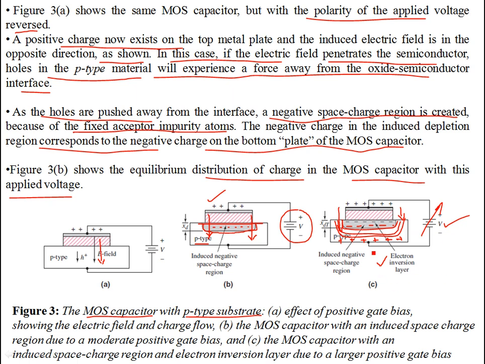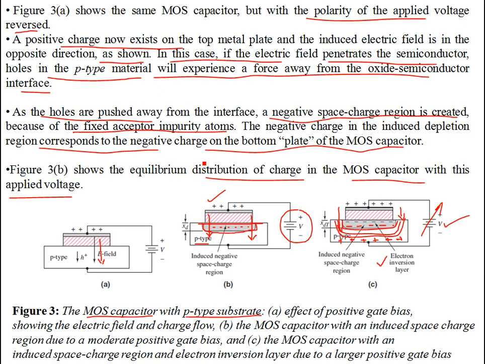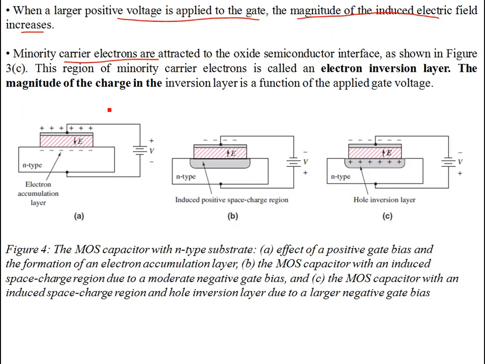When a large positive voltage is applied to the gate, the magnitude of the induced electric field increases. Owing to this, the minority carrier electrons present in the p-type substrate are attracted to the oxide semiconductor interface.